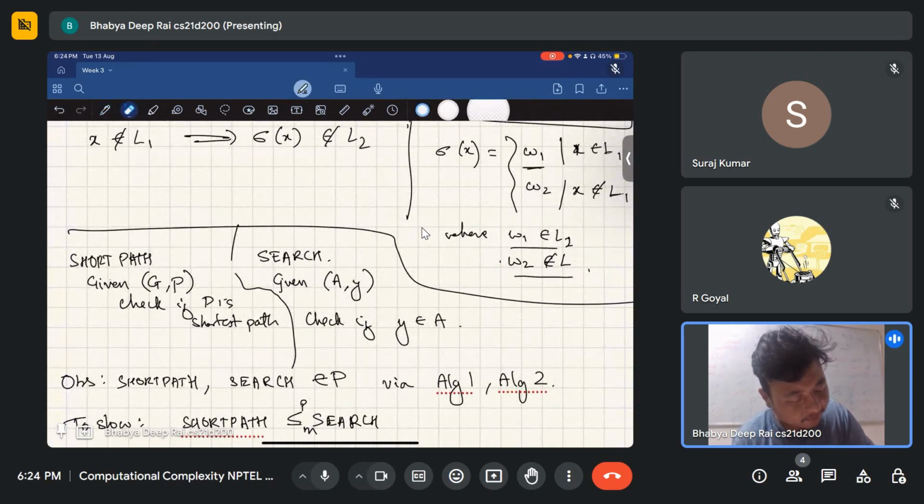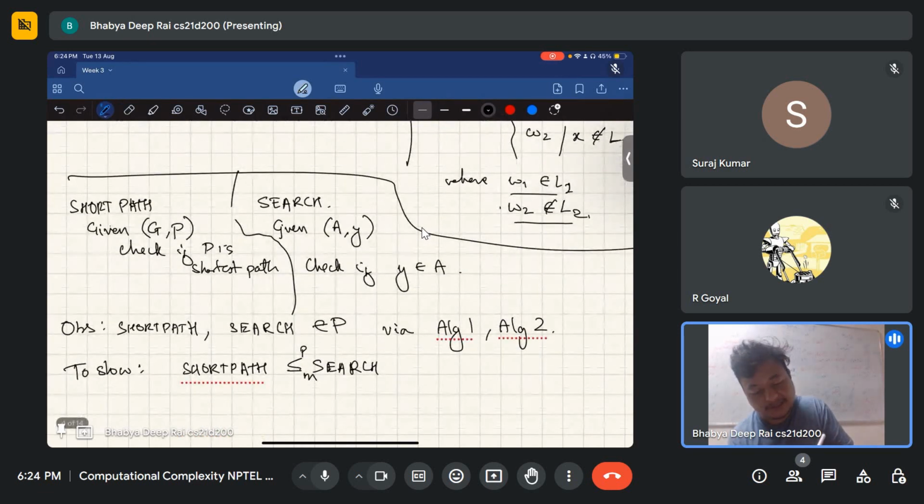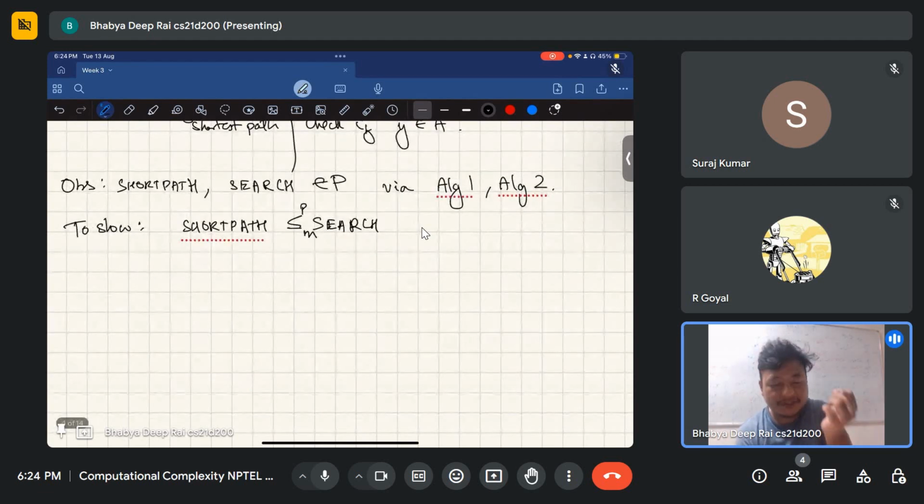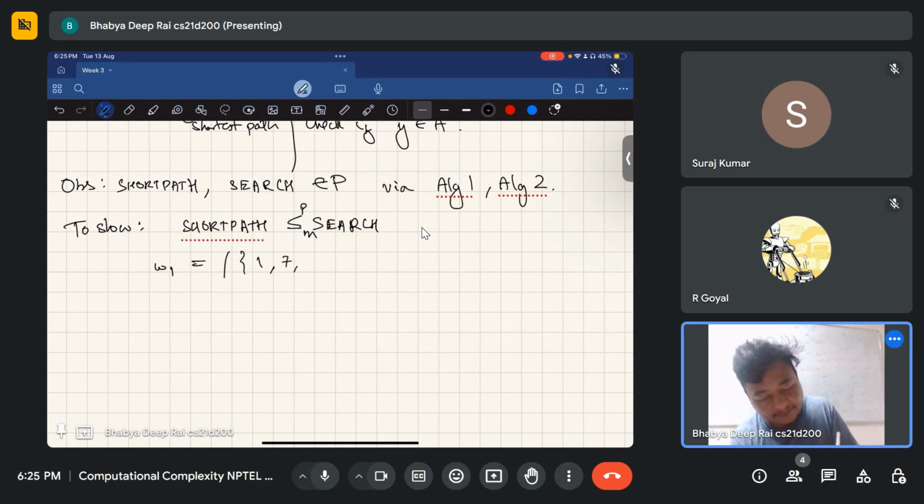You need to choose. What is L2 here? L2 is search, L1 is short path. Now we need to give an example of a string which is in search, that is L2, and another string which is not in search. So what is W1? Fix any pair, suppose 1, 7, 5. This is the first set, where you need to find whether 5 is there.